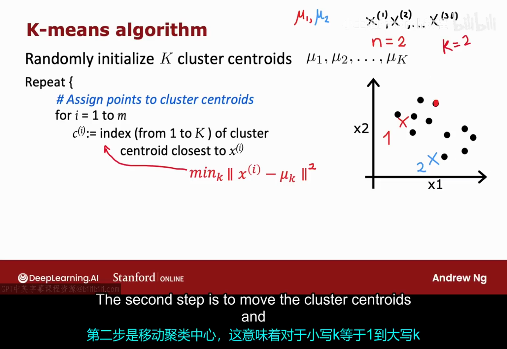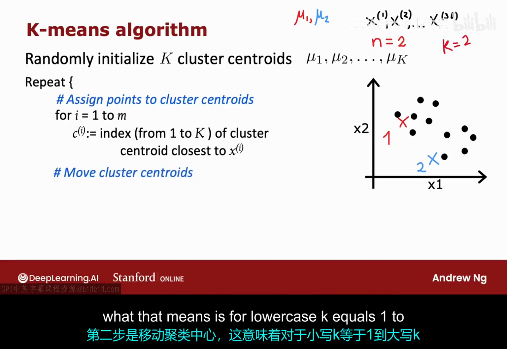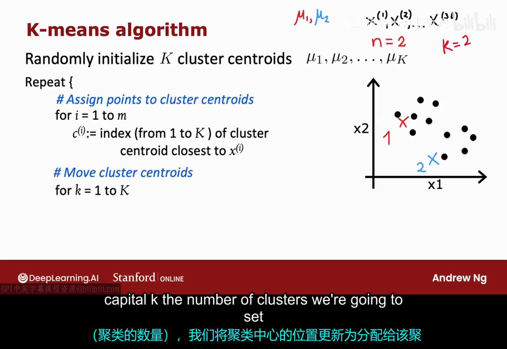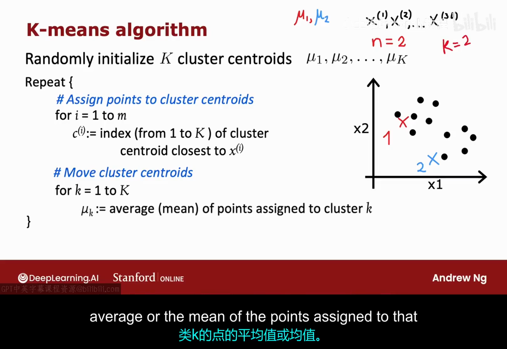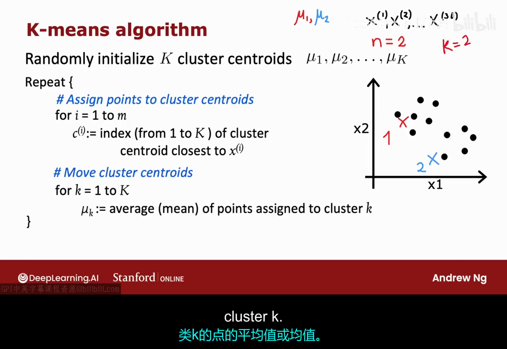The second step is to move the cluster centroids. And what that means is, for lowercase k equals 1 to capital K, the number of clusters, we're going to set the cluster centroid's location to be updated to be the average or the mean of the points assigned to that cluster k.